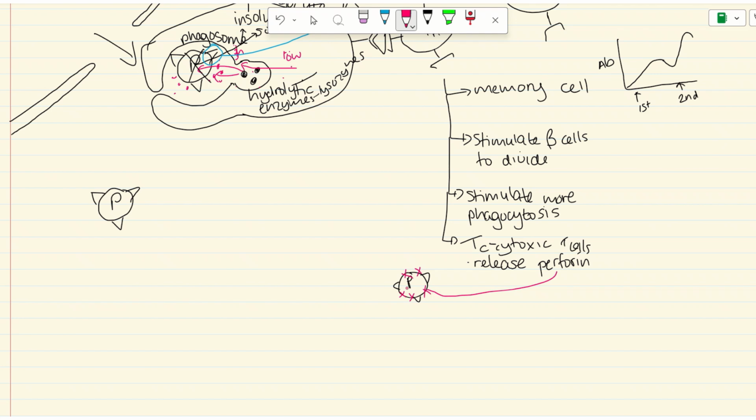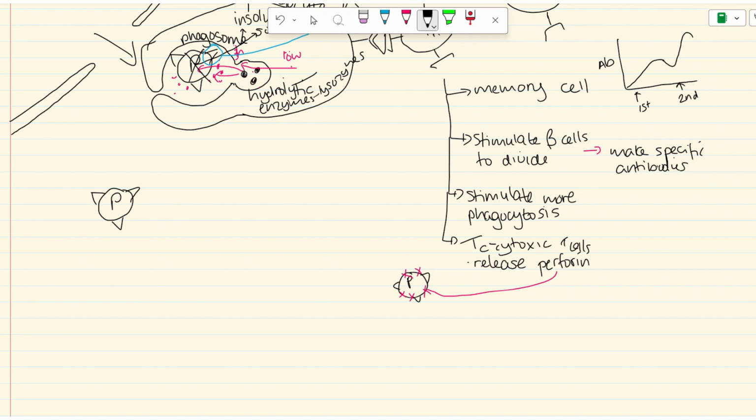Now, if we have a lot of B cells, we can make a lot of antibodies. But we're going to make specific antibodies so that we can destroy that particular pathogen. They're going to be antibodies that are a particular shape.